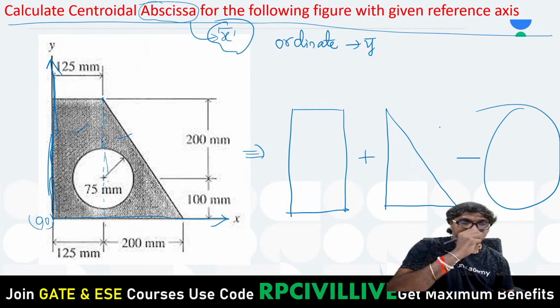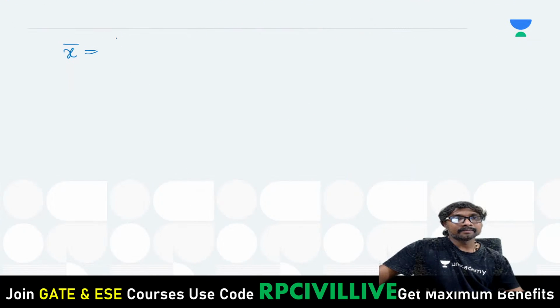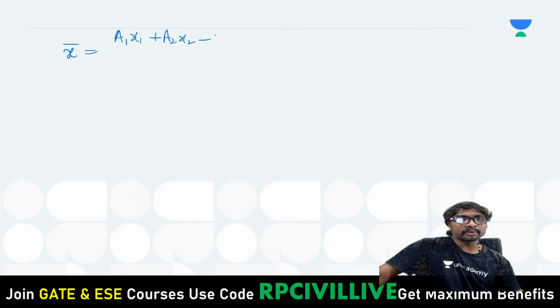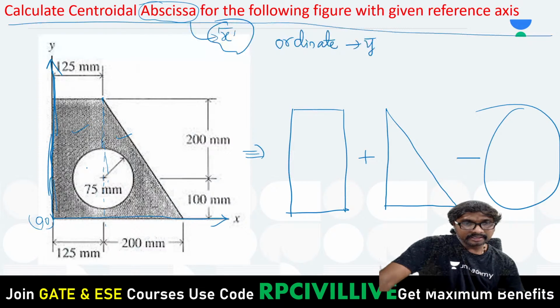Like that only we have to do it every time. Now tell me, what is it? A1 x1 plus A2 x2 minus A3 x3 divided by A1 plus A2 minus A3. Minus A3 for the circle.